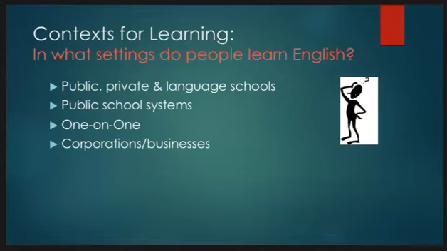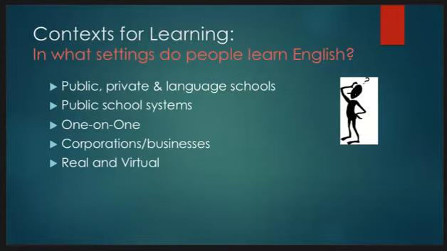Also, corporations and businesses can sometimes be places where they would bring in an English teacher or tutor to work with some of their employees. Maybe they've got an outstanding chemist or attorney or other professional, but who could use some work fine-tuning their sentence structure or pronunciation or whatever the case might be in English. And so that would be a place where someone would be teaching English.